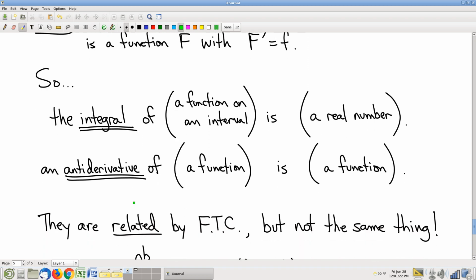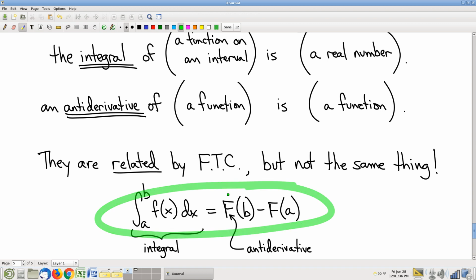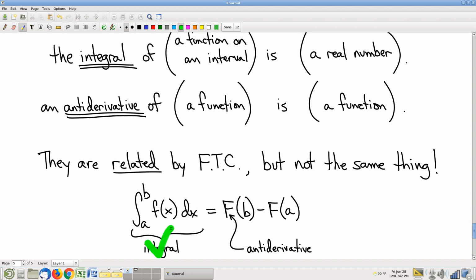Now, why do students tend to conflate them? Well, it's because of the fundamental theorem of calculus. The fundamental theorem of calculus shows a strong connection between integrals and antiderivatives. Here's our fundamental theorem of calculus, the final formula anyway. On the left we have an integral.